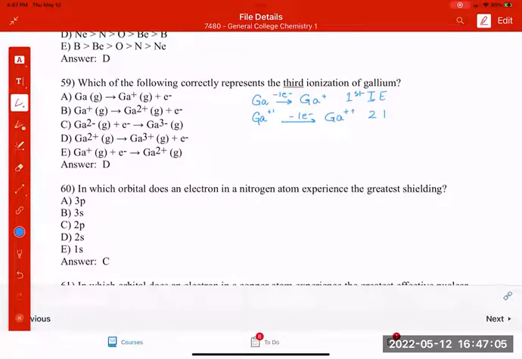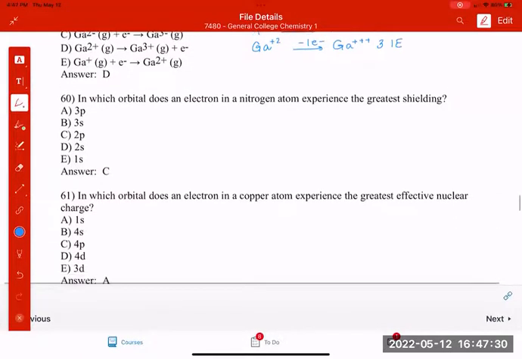This is the second ionization energy, that is the energy needed to remove the second electron. Then gallium plus 2 minus 1 more electron gives you gallium plus 3. That is the third ionization energy, which is to remove the third electron. Okay, so that is why it is this D.